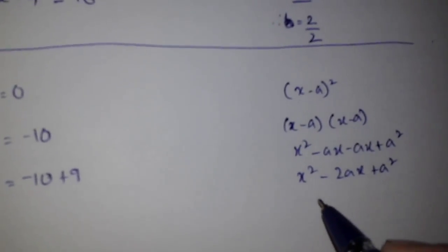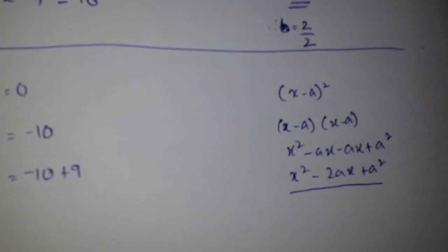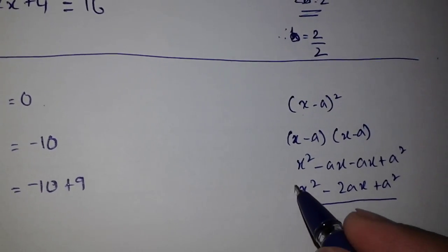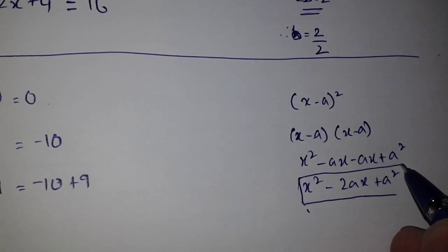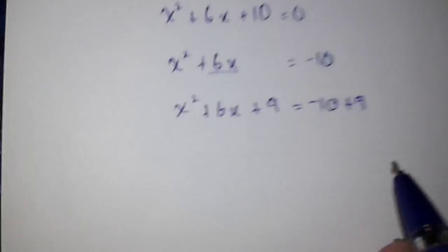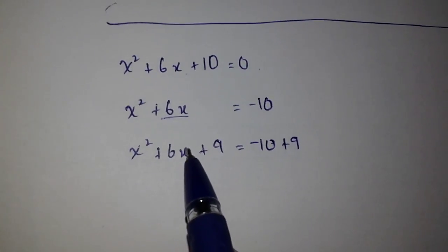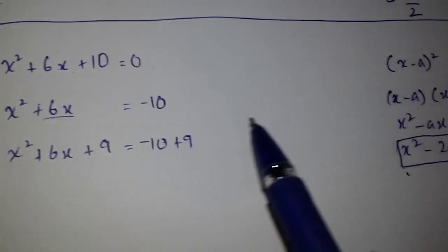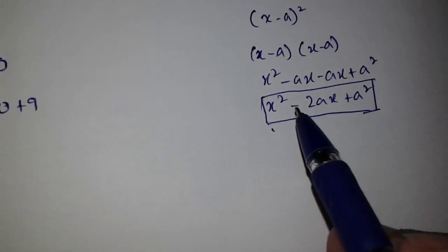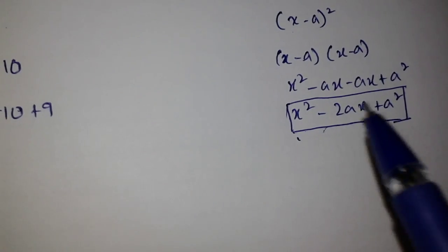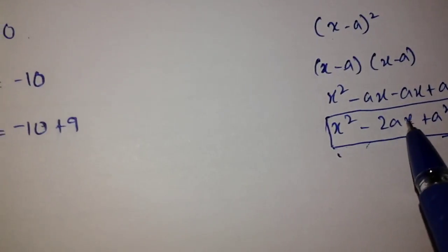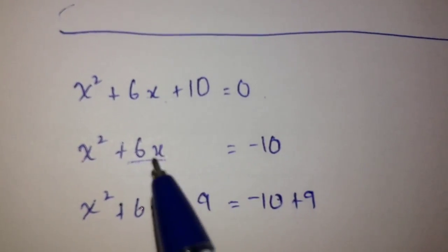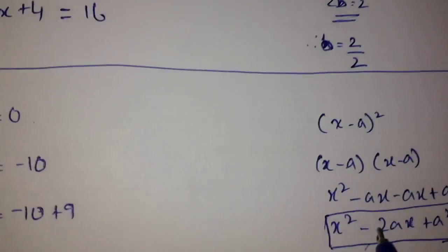Now if you look at this final expression, you try to compare this equation right here with this identity, then you can see clearly that, being the coefficient of x, 2a is equal to 6, or rather, to reframe it, 6 is equal to 2a.